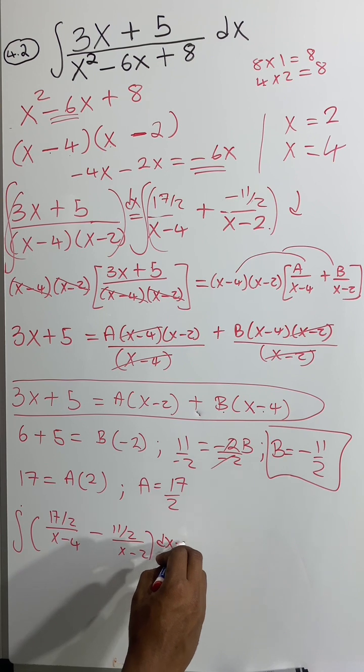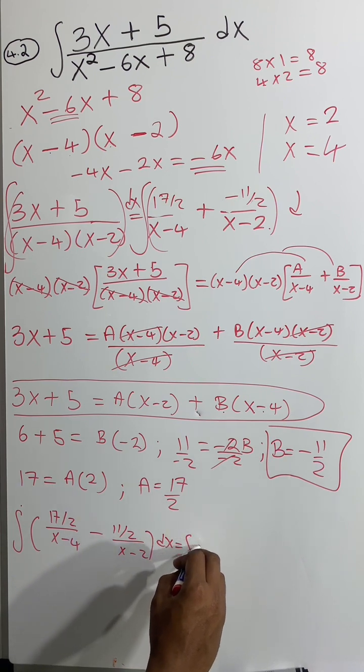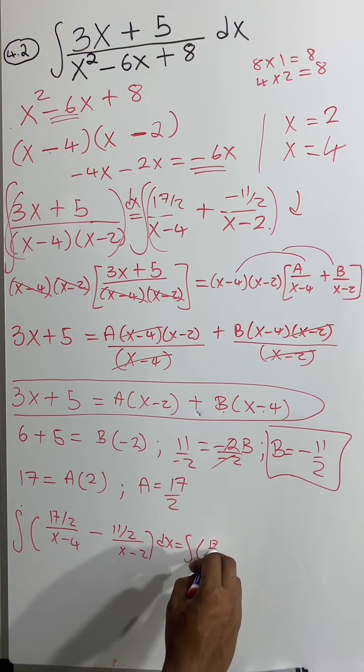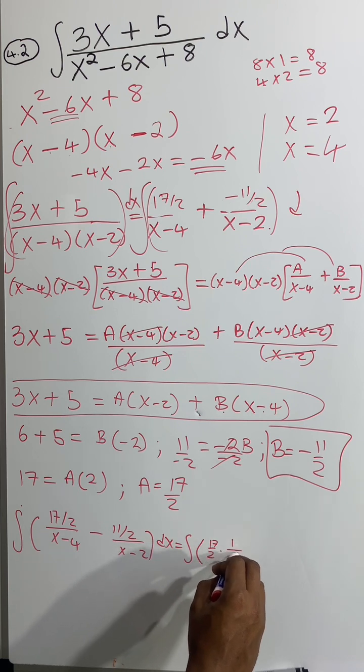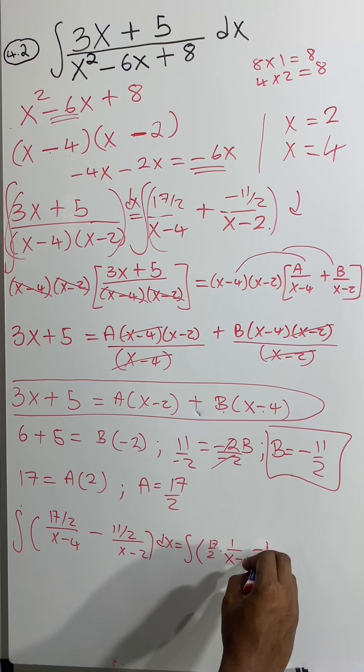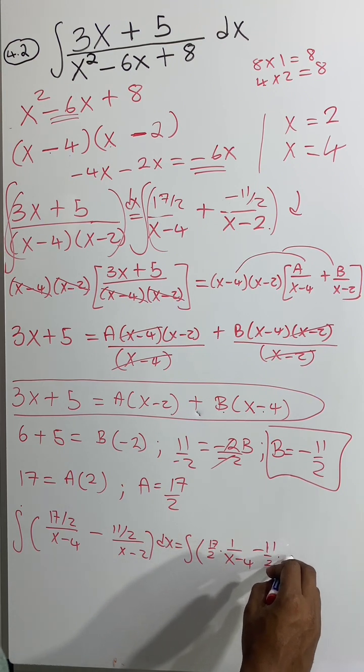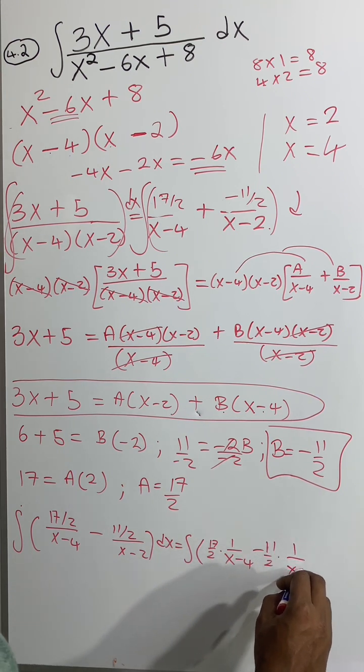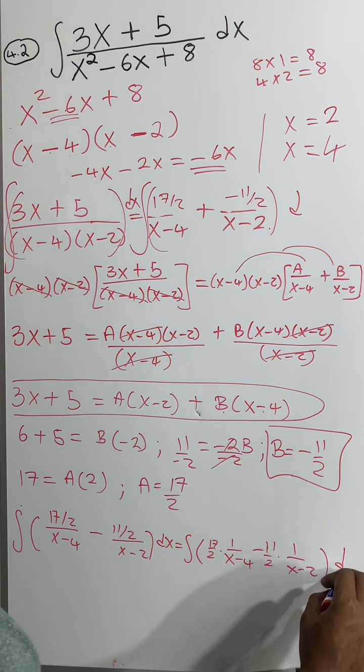We can rewrite our integral as 17 over 2 multiplied by 1 over x minus 4, minus 11 over 2 multiplied by 1 over x minus 2, dx.